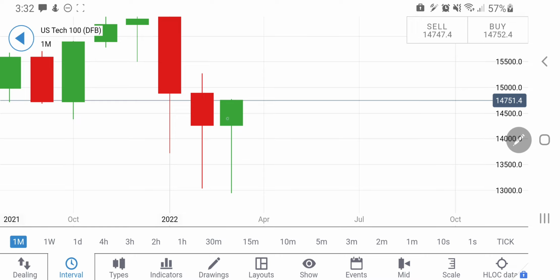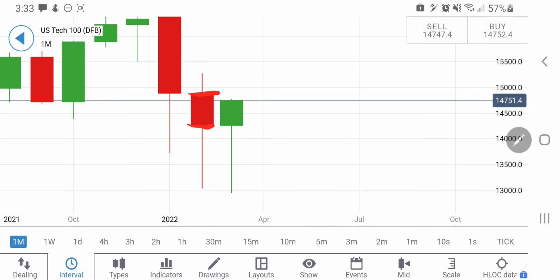Mark my words, one can go short below 14,600 levels, and you can fetch at least 300 to 400 points of move. Then the monthly closing should be at around, see, now look at the body size there. The previous body size was red, almost 14,900 to 14,600 levels, 300 points of move, not much. No, rather I will say here it is 14,900 to 14,300, 14,400 zone, so almost 500 points of move.